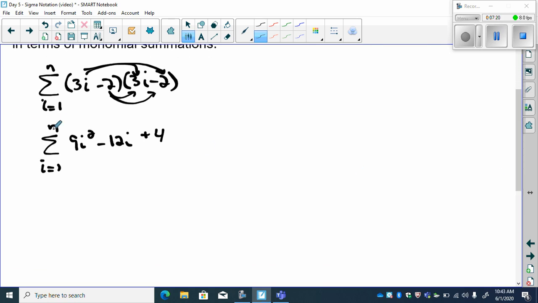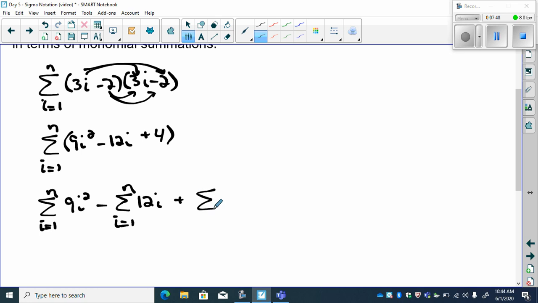Now, I can write this as individual or monomial summations. So it would look like the following. My first term would be 9i squared minus my second term, which is 12i, and my third term is just a 4. It's a constant 4.